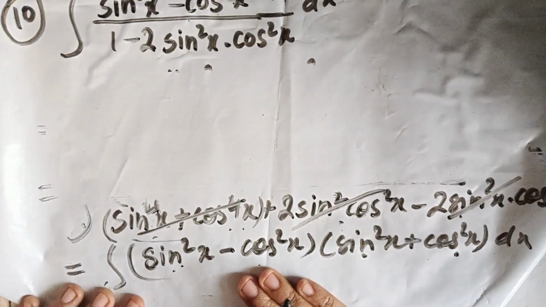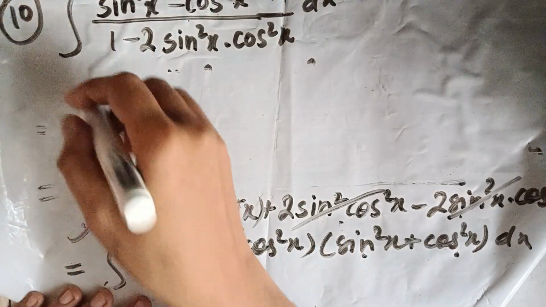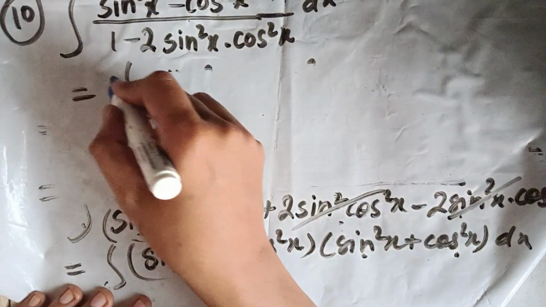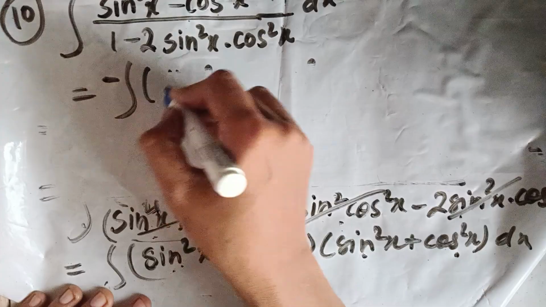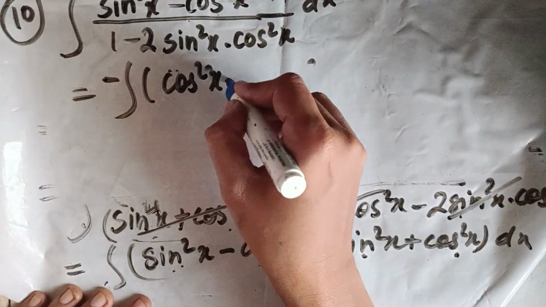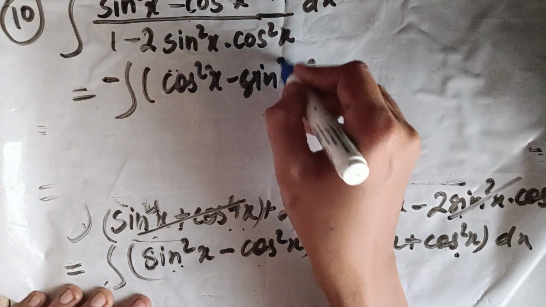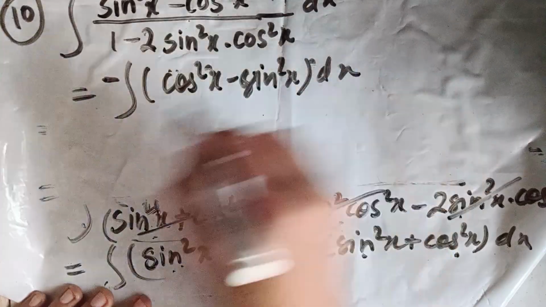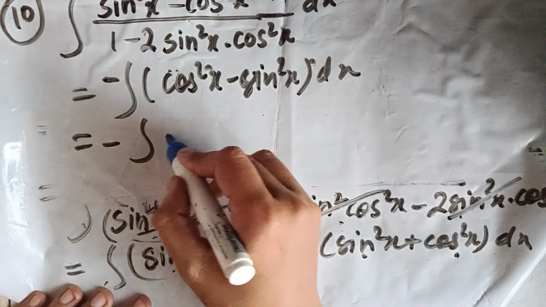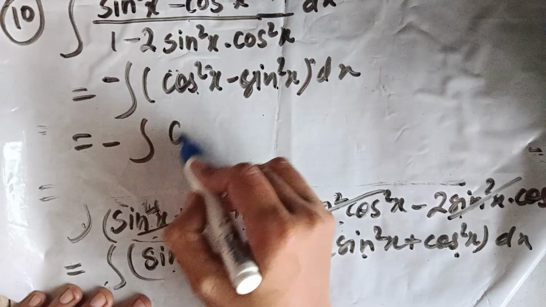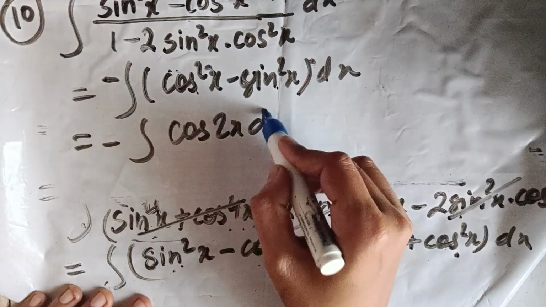So we have a trigonometric identity which says, if I take minus outside, then this becomes cos square x minus sine square x, correct? Which you can write as minus cos 2x.